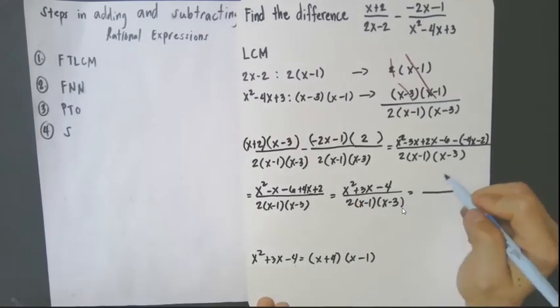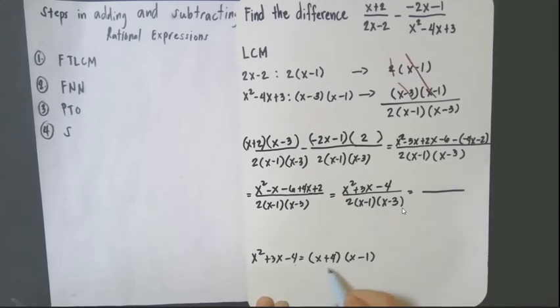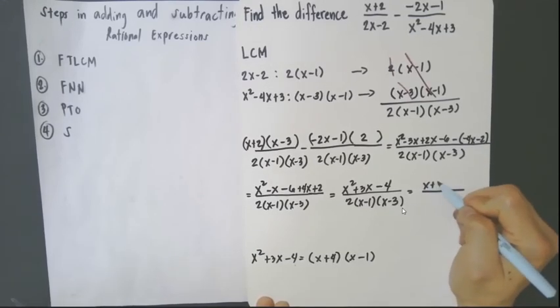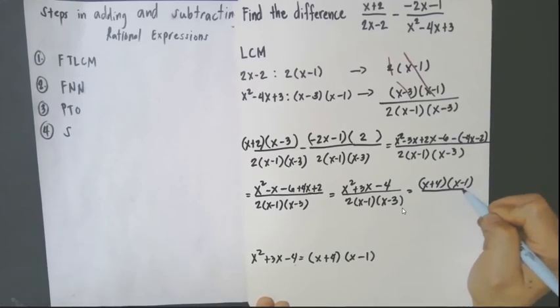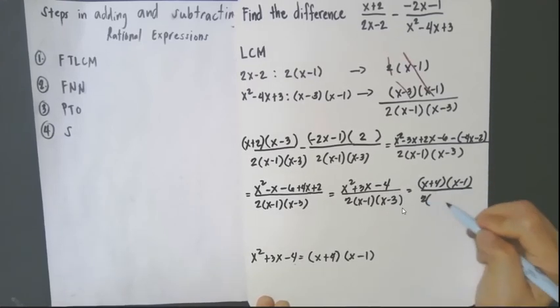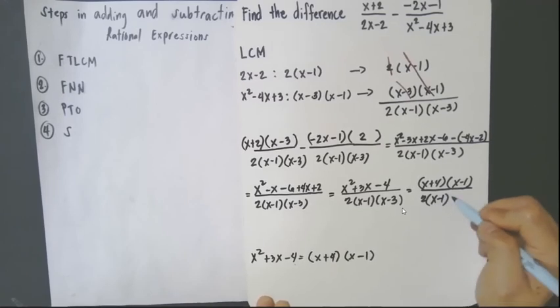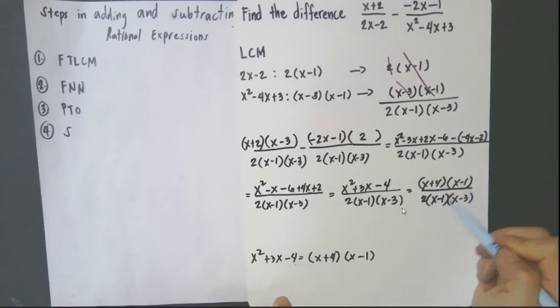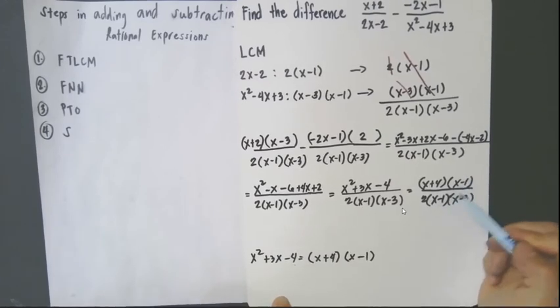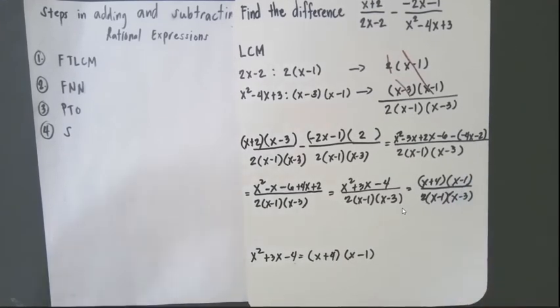So let me write the factored form once again here. X plus 4 times x minus 1. Then the denominator 2 times x minus 1, x minus 3. So there. So you can see that they both have x minus 1. So can we cancel that? Yes, we can, because here we are multiplying.